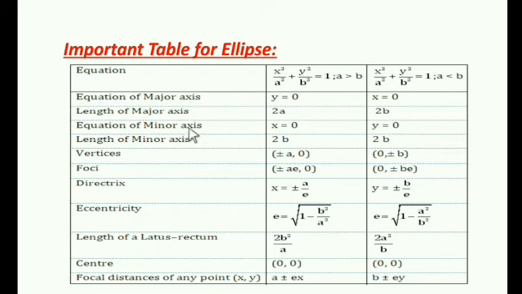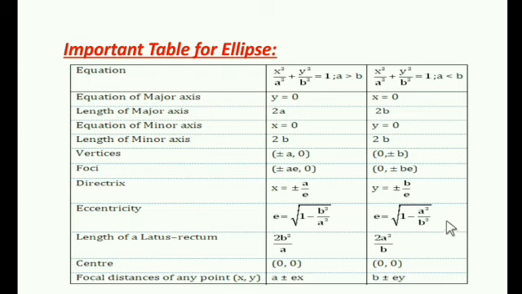Similarly, the equations of the minor axis are given. Length of the minor axis is 2b. Vertices are plus minus a, 0 and 0, plus minus b. Foci are plus minus ae, 0 and 0, plus minus be. Directrices, as we have discussed already, x equal to plus minus a by e, y equal to plus minus b by e.